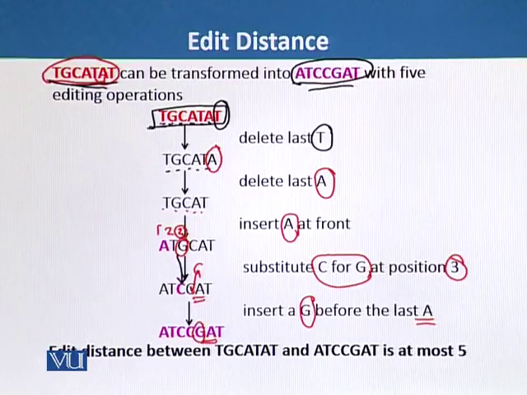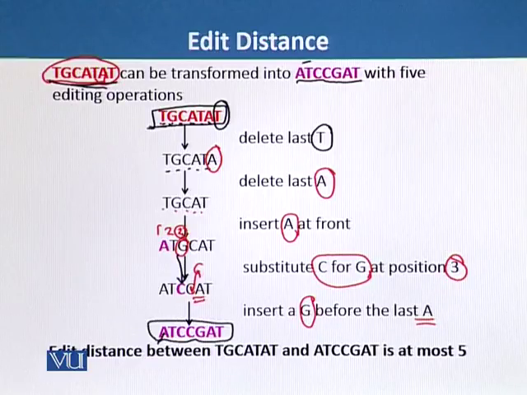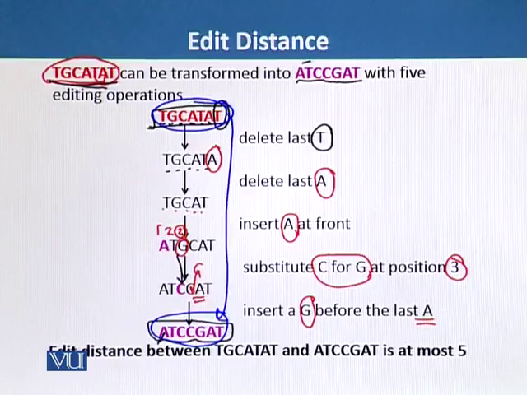So if we see it very closely, we will see that we have come up with the same sequence as this, ATCCGAT, and we have again reached ATCCGAT. So we started from here and we ended up here and we transformed this sequence into this sequence.